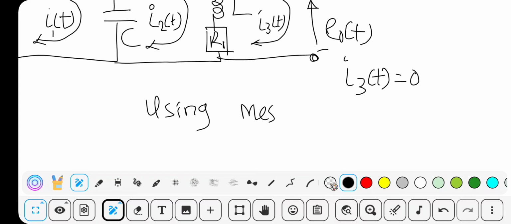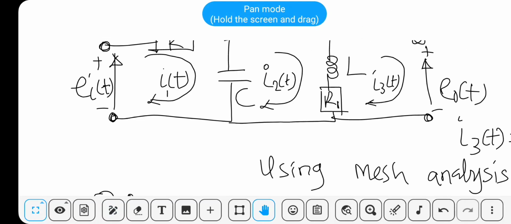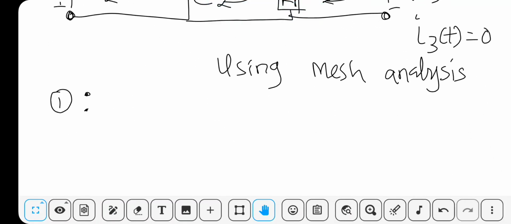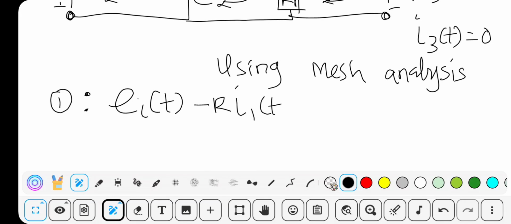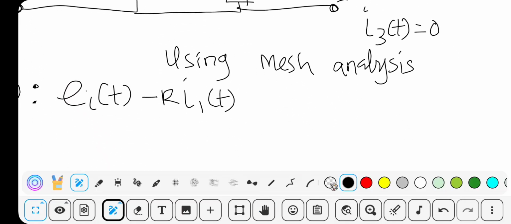Now using mesh analysis, because that's what I like using, for the first mesh, since it's clockwise, moving from negative to positive, you have a positive input voltage minus I1 of t, that's the voltage drop across the resistor, and across all circuit components is always negative for mesh analysis, minus the voltage drop across the capacitor is what you have.